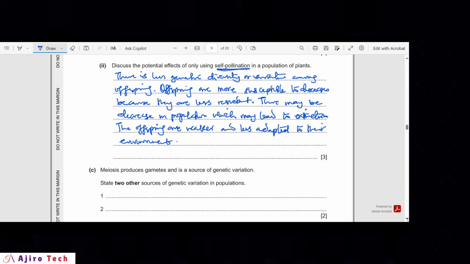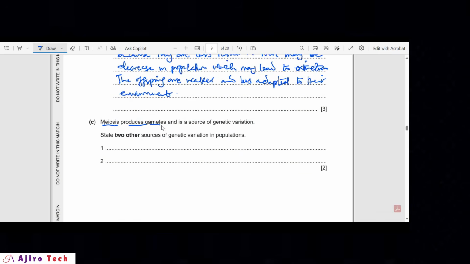Here we have to state meiosis produces gametes and is a source of genetic variation. State two other sources of genetic variation in plants. So apart from meiosis, crossing over and independent assortment. Other sources of genetic variation include mutation, random fertilization between sperm and egg, and random mixing or pollination.